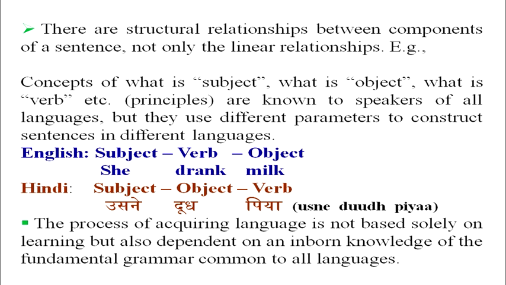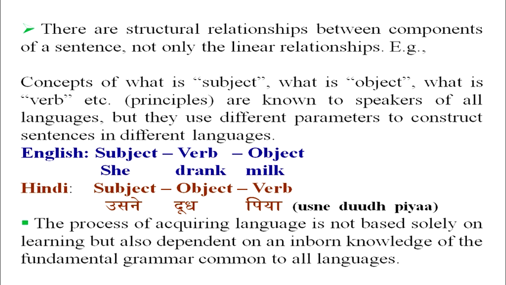So principles are the same, that subject, object, verbs, they exist in our brain, the concepts, but we use different parameters, different values for the concepts. So, subject will be occurring first in English, then comes verb, then comes object. So, an English sentence will look like subject, verb, object. For example, she drank milk.